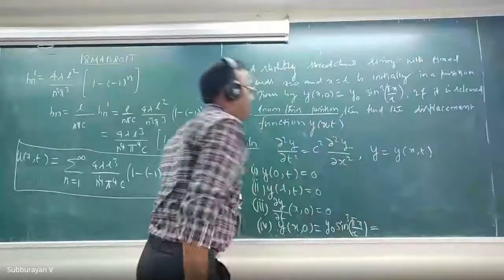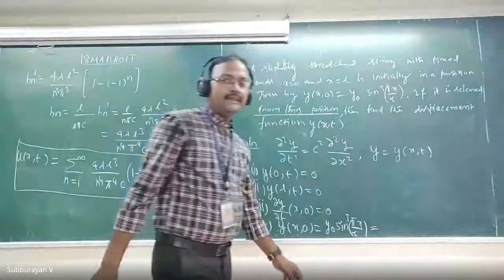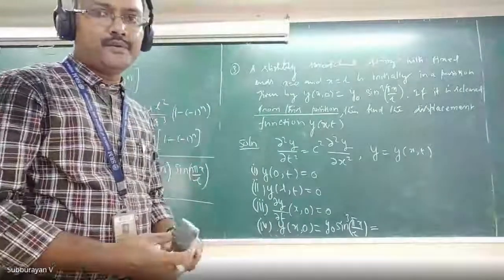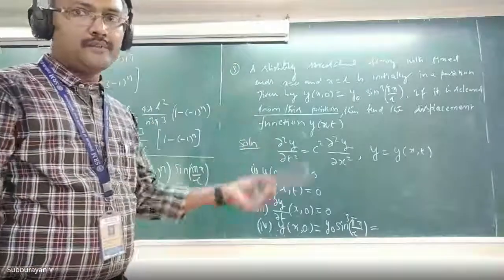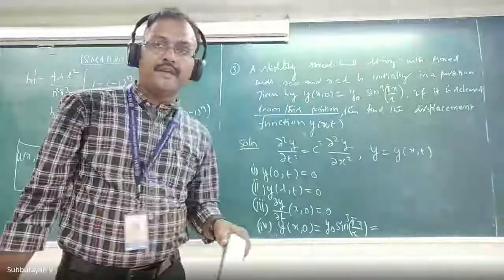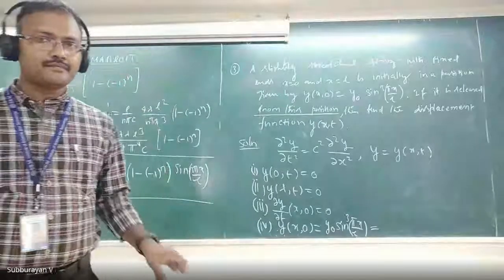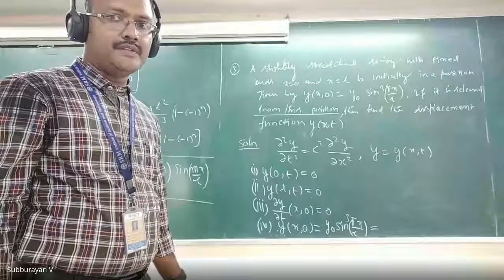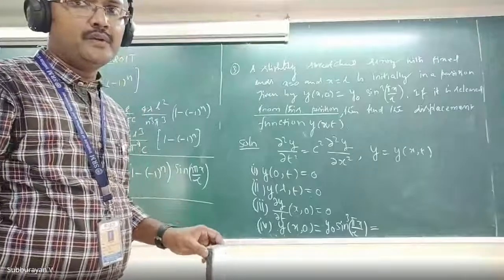But there is an identity which you have studied in the lower class: sin 3a equals 3 sin a minus 4 sin cube a. Therefore, sin cube a is equal to 3 by 4 sin a minus 1 by 4 sin 3a.